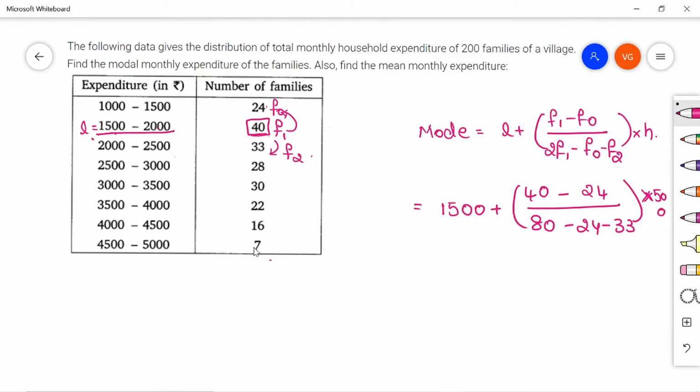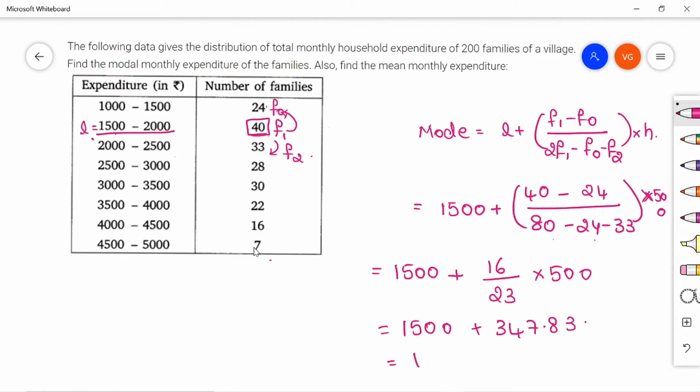So write it 1500 plus 40 minus 24, which is 16, divided by the denominator 23, into 500. After calculating here, you will get 347.83. So totally 1847.83. So the modal monthly expenditure of these families is 1847.83.